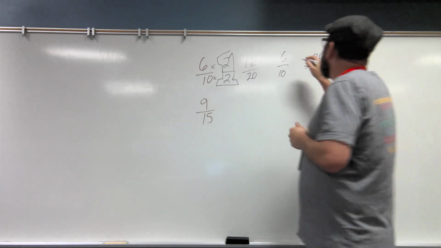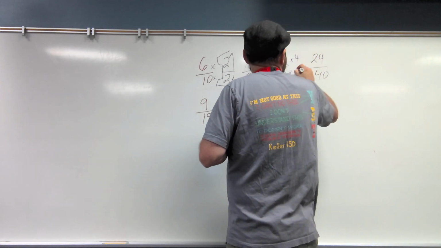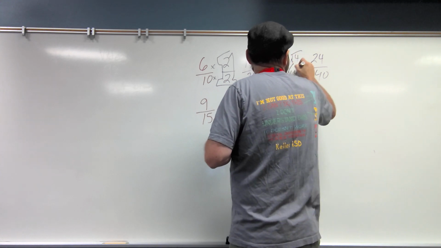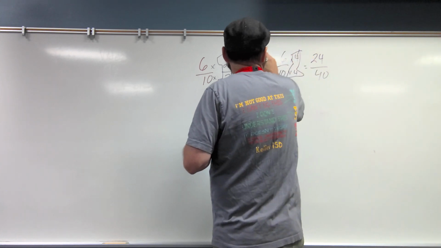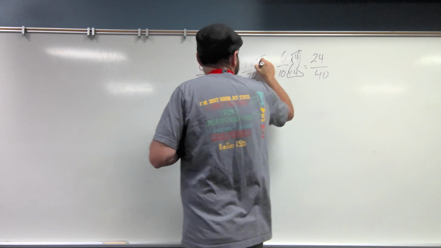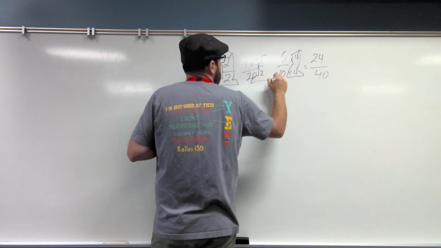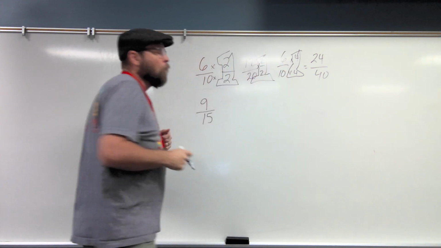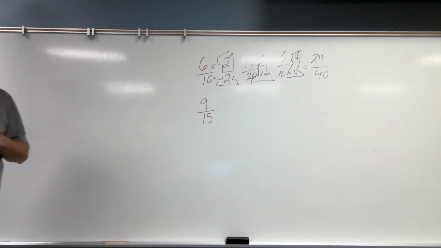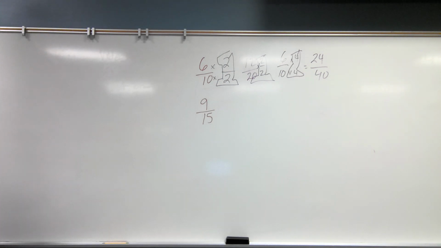Okay, so I could multiply this by 4 over 4, or I could multiply this by 2 over 2. And both of those would give me 24/40.